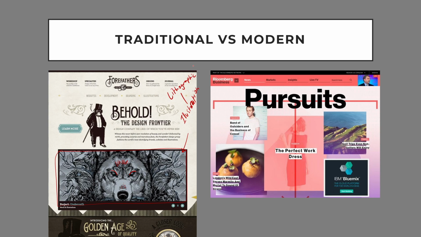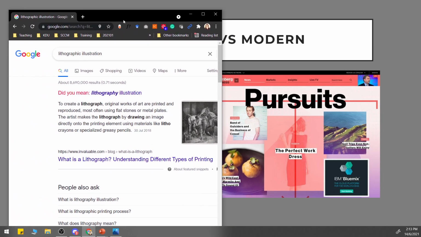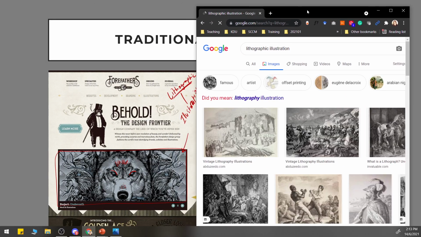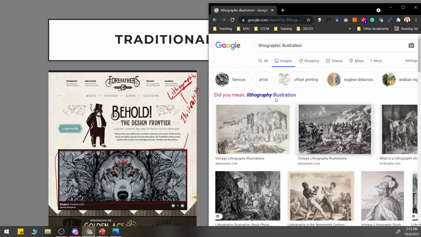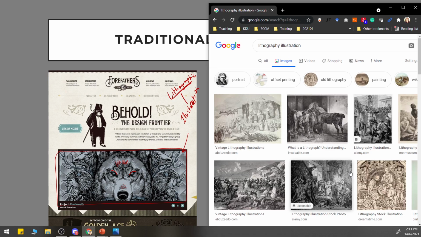Because it's reminiscent of the lithographs that people used a long time ago to create their old newspapers. So the more research you do, the more you will start to see patterns, right? So, lithography illustration, or lithographic illustration.